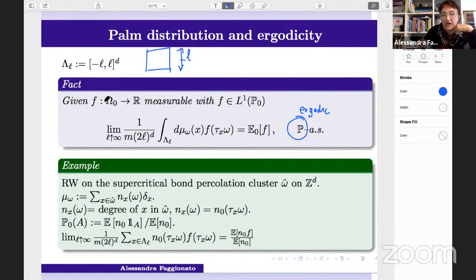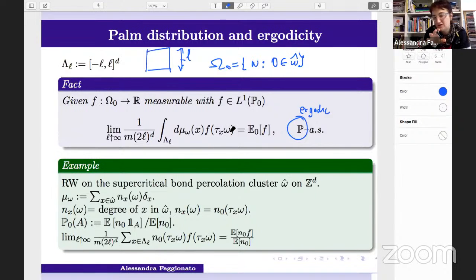Take a function f defined on omega_0, the support of the Palm distribution, given by the environments such that the origin is in the support of mu omega, which is also the state space of the random walk. Given f measurable and non-negative, or integrable with respect to the Palm distribution, the limit when L goes to infinity of 1 divided by the intensity m of mu omega, and also by 2L to the d, the Lebesgue volume of this box, times the integral on this box, with respect to the reversible measure, of the function f evaluated in the translated environment tau_x of omega.